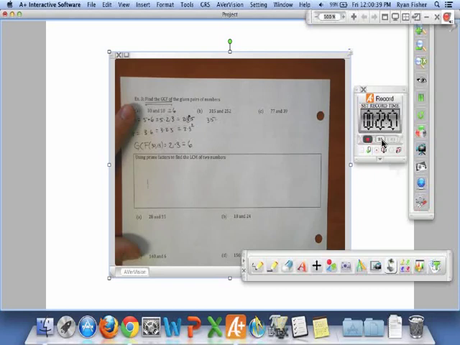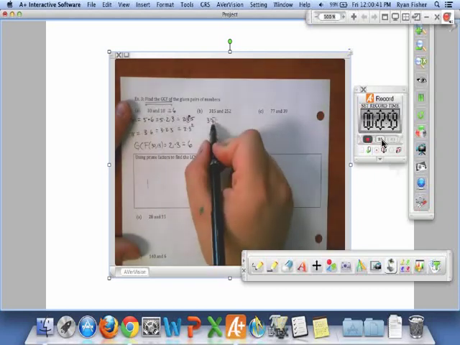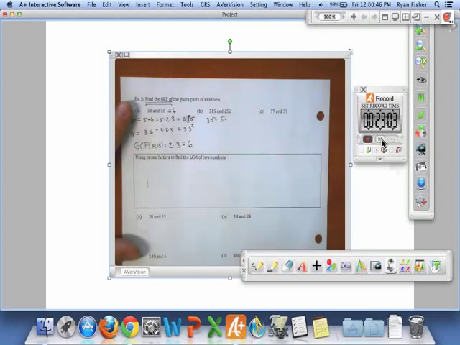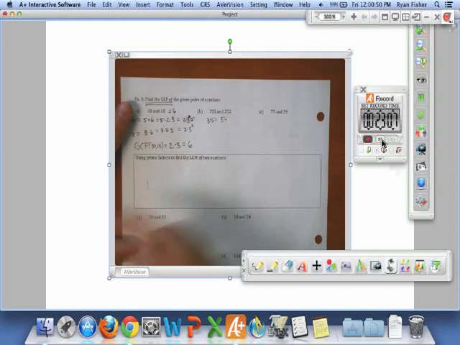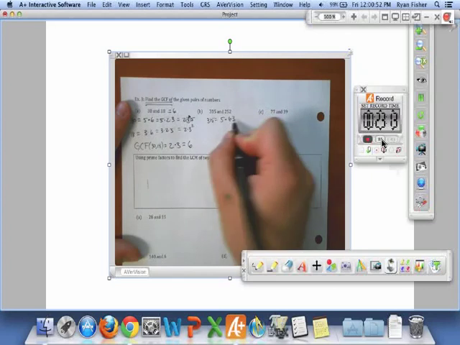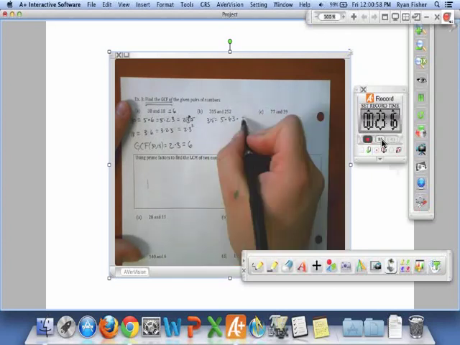Which is 5 times 7 times 9. 9 can be broken down. 5 times 7 times 3 squared. So this is 3 squared times 5 times 7.